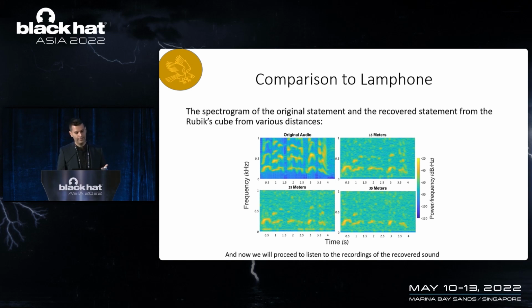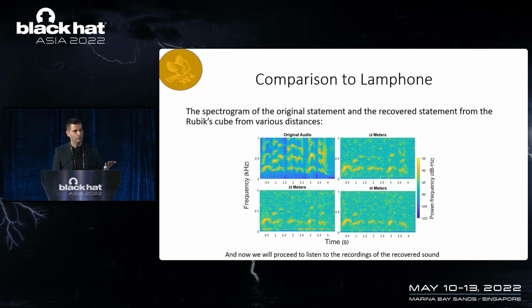And here you can see the spectrograms that were obtained from the original statement and the recovered statement, in this case from the Rubik's Cube. You can even spot in the spectrograms how the quality decreases with distance. The quality of the signal at 15 meters is better than the quality of the signal at 35 meters.